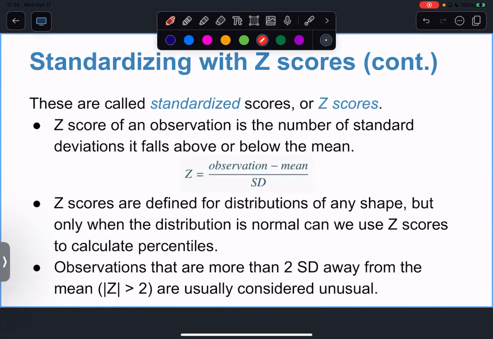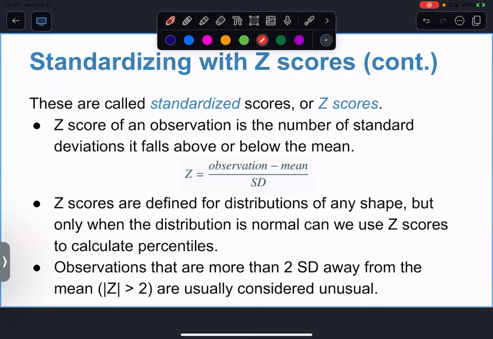I overwhelmed you with formula sheets just because I hadn't merged them all yet. There's a lot of overlap on there, and so you've got 2 sheets. I'll put them all on one, but I wanted you to have both of them and see what's going on. But the Z is how we denote this standardized value.